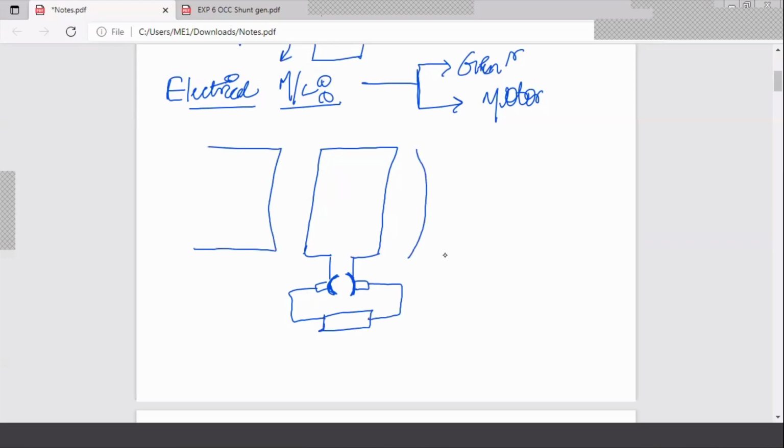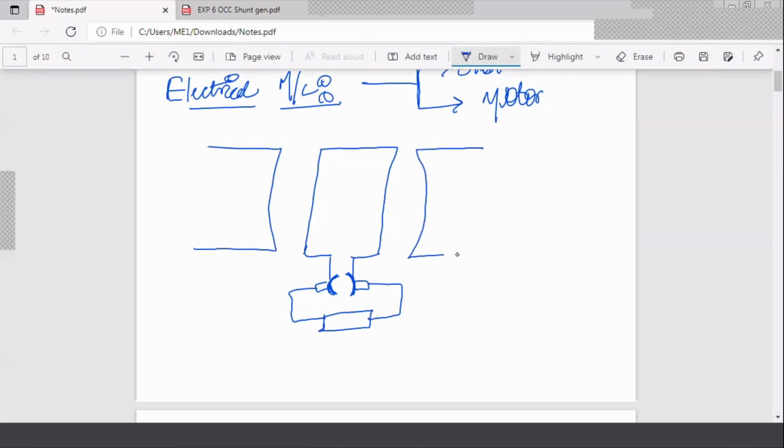I've made two poles here, and I'm calling this the North Pole and this the South Pole. That means the magnetic field will be from north to south.